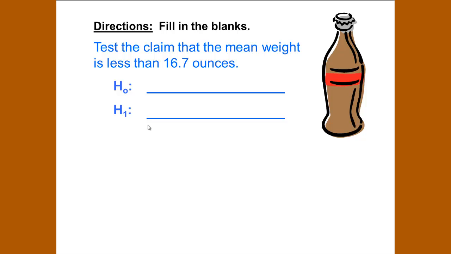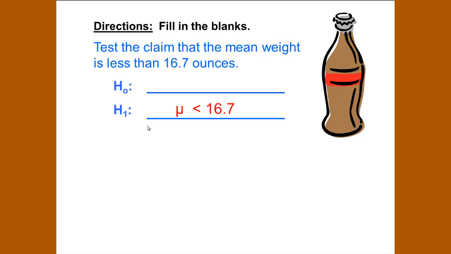So we want to test the claim that the mean weight is less than 16.7 ounces. Notice that we know that we're doing a hypothesis test by the phrase "test the claim." And our claim is that the mean weight is less than 16.7 ounces. So we will write that in our H1. That is what we're trying to prove.